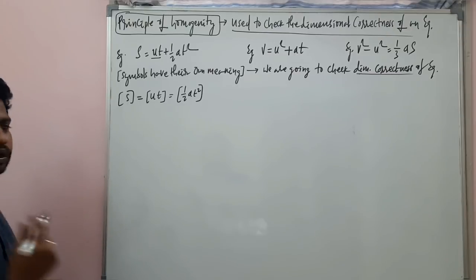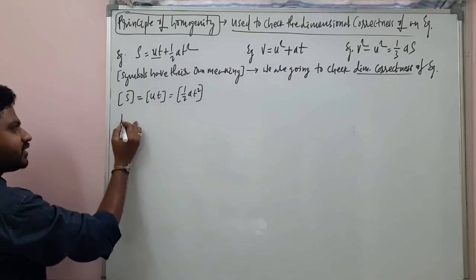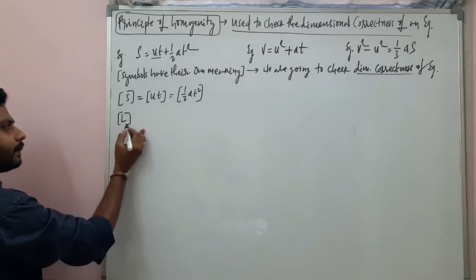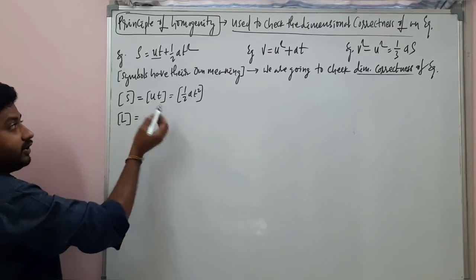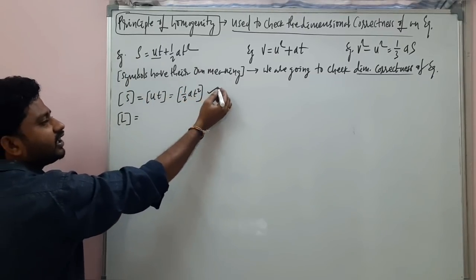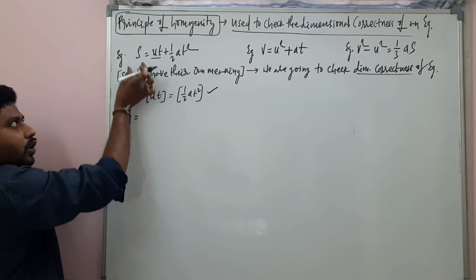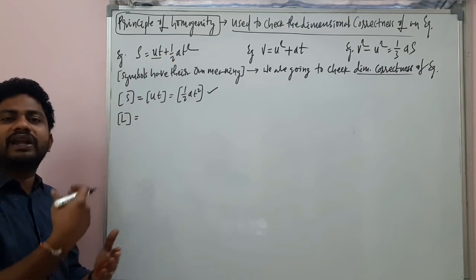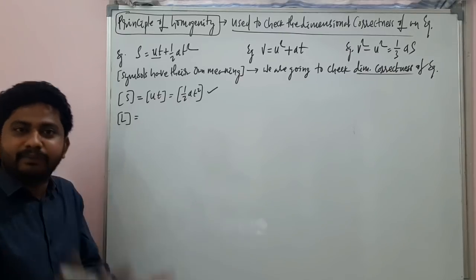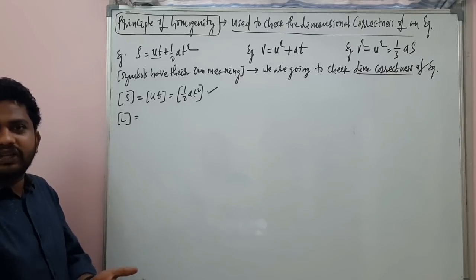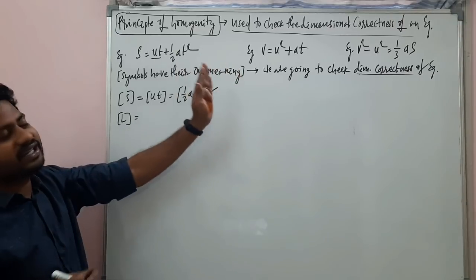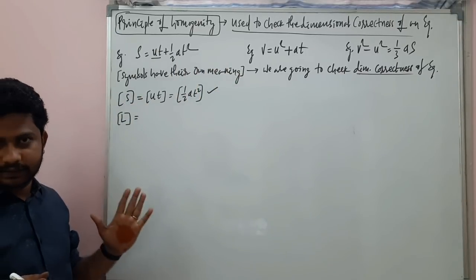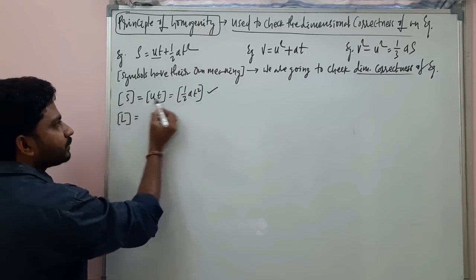When left hand side and right hand side, all the individual entities have the same dimensional formula, then you can say this given equation is dimensionally correct.